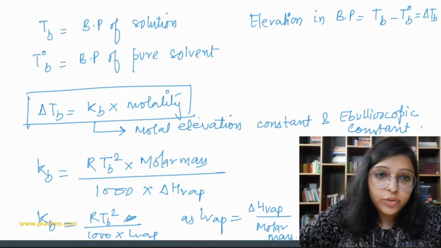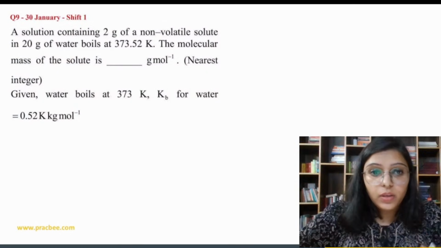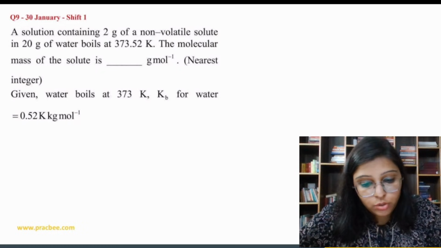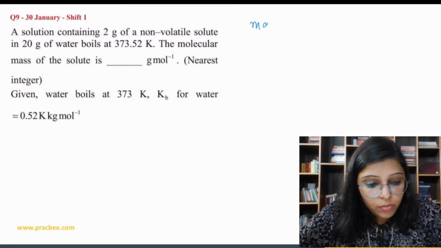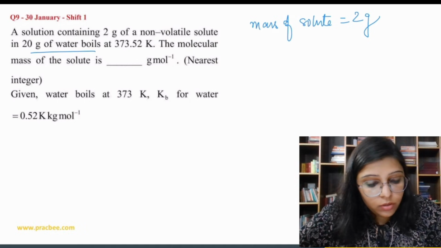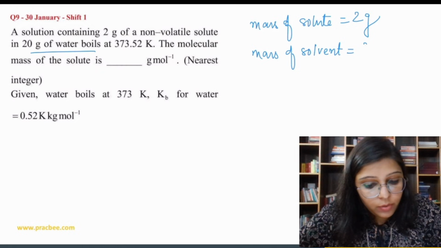So let's do question number 1. The question says a solution containing 2 gram of non-volatile solute, so the mass of solute is 2 gram, in 20 gram of water, so the mass of solvent is 20 gram of water, boils at this temperature, which means TB is equal to 373.52 Kelvin.